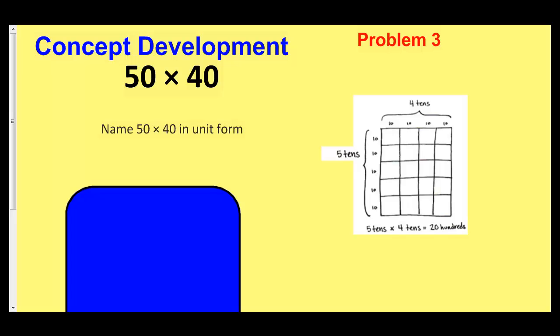If each of these squares has an area of 100 and there's 20 of them, then 50 times 40 would equal 20 hundreds, which is the same thing as 2,000. So 5 times 4 is 20, and tens times tens is hundreds. So we have 50 times 40 equals 2,000.